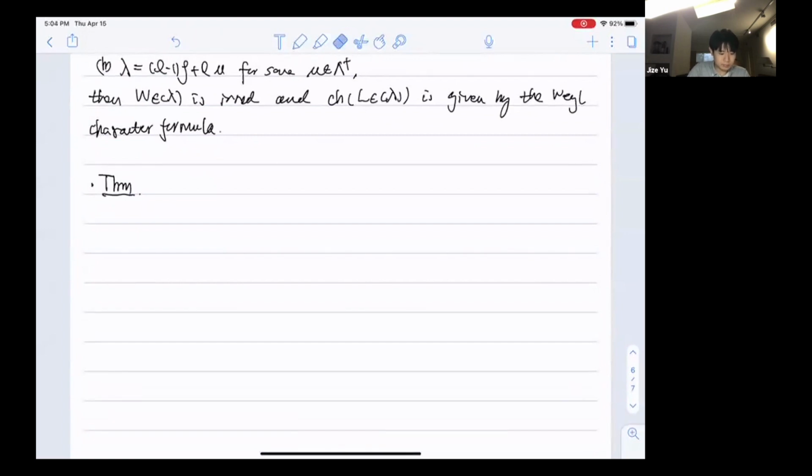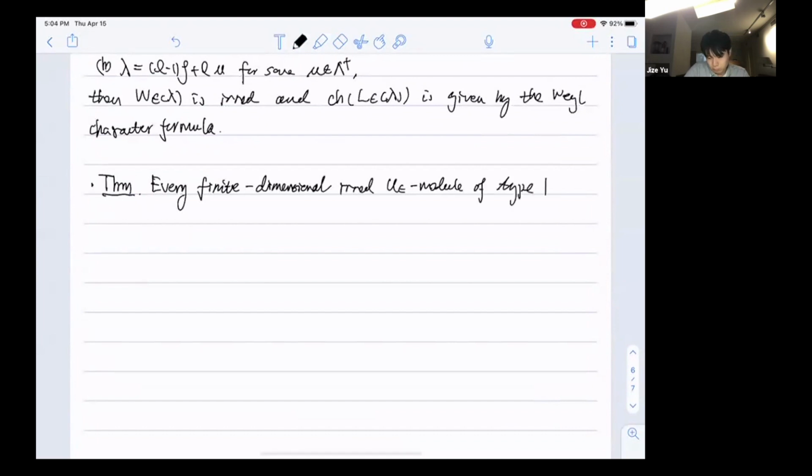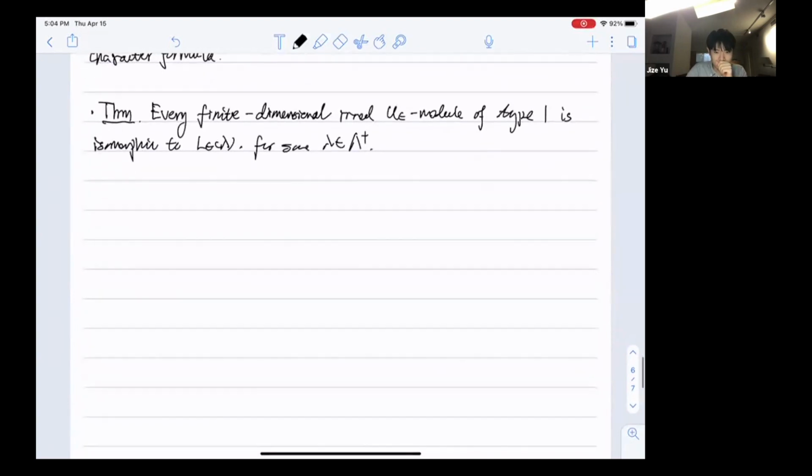So the theorem tells us that every finite dimensional irreducible U epsilon module of type 1 is isomorphic to L epsilon lambda for some lambda in the set of dominant weights.